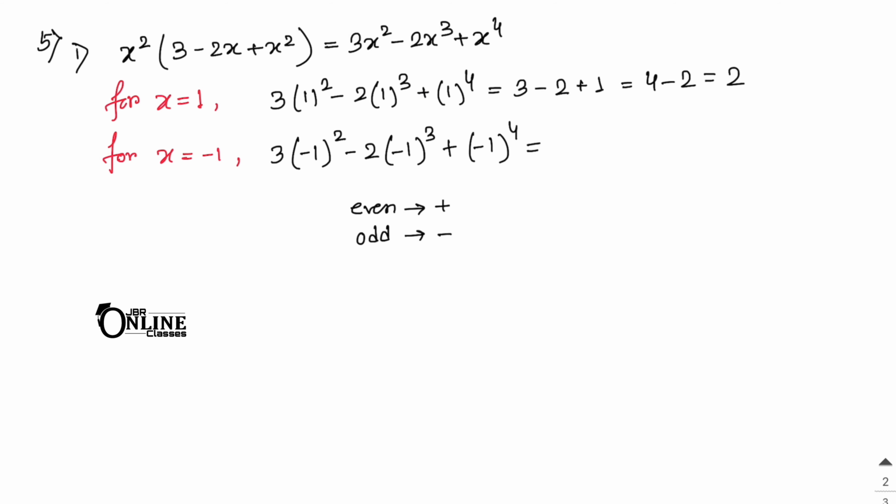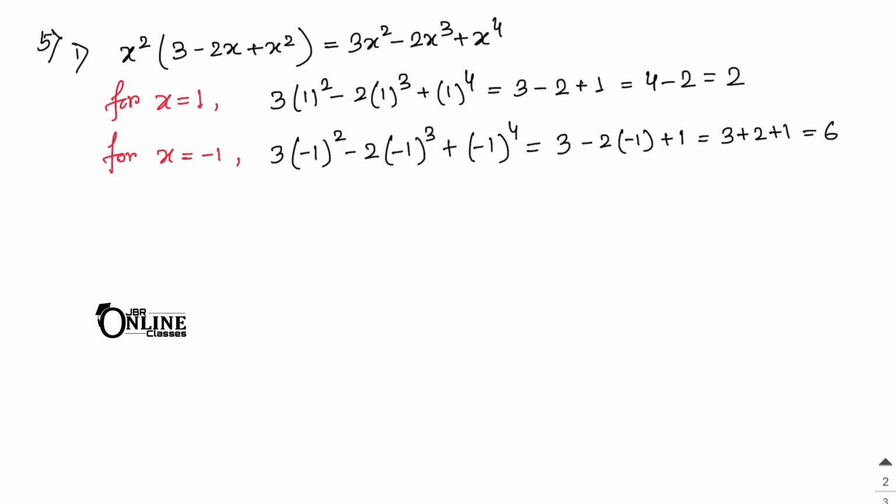But the next one, minus 1 whole cube, as 3 is an odd number, so it will be minus 1. So you can write down here 3, the next one minus 2 into minus 1, and the last one again plus 1. So it will be 3 plus 2 plus 1, and then it will be 6. So 6 is your final answer.